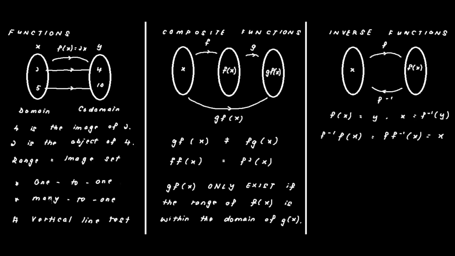But when we are talking about a many-to-one function, try to imagine if we try to find out the inverse function. So what do you have? From many inputs to one output, it will become one input to many outputs. So that's why for an inverse function, we can only accept a one-to-one relation.